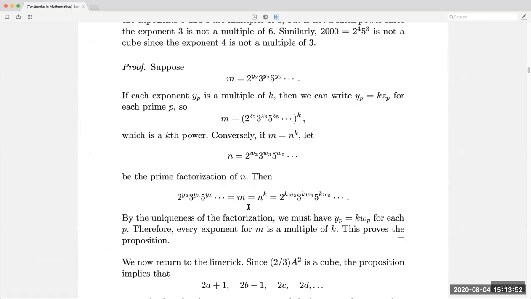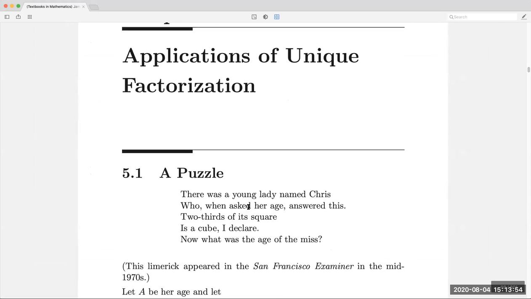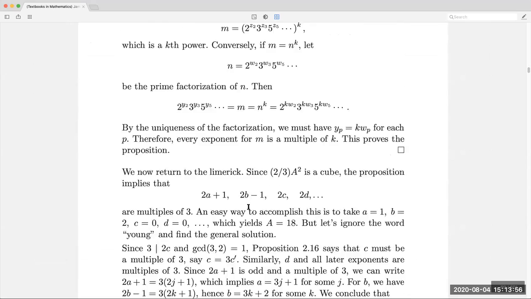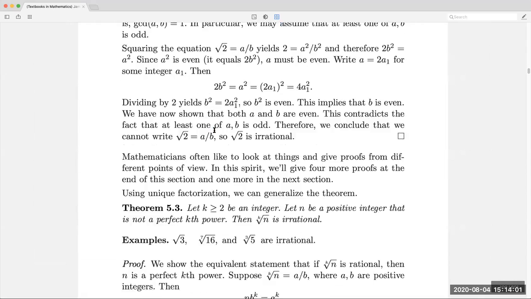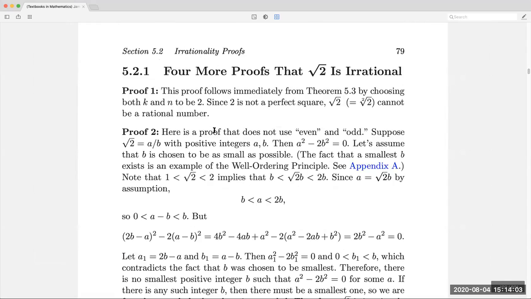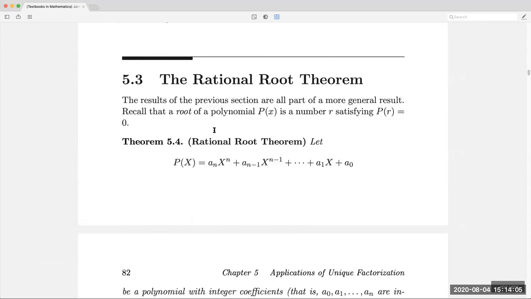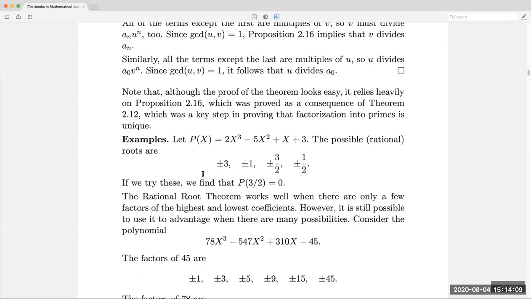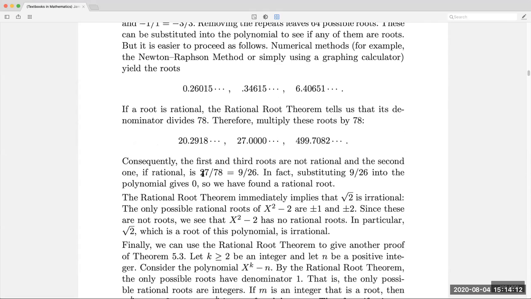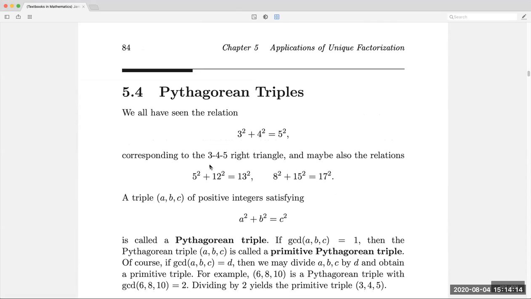So let's go on to the next chapter. Maybe you read it by yourself, okay? So show that this is irrational. It's the rational root theorem. So you may need to read it by yourself.